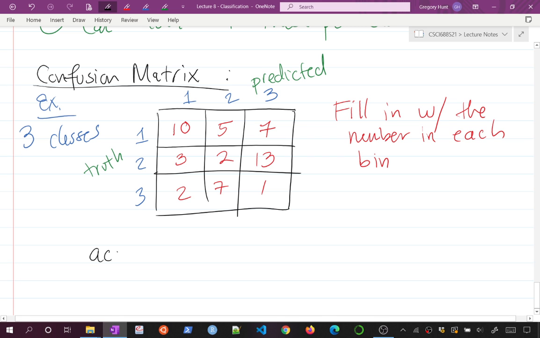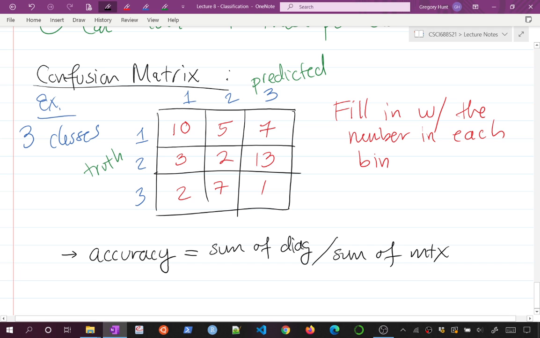So for example, the accuracy is just the sum of the diagonal, that is the trace, over the sum of the matrix. So in this case, the sum of the diagonal is 13 over the sum of the whole thing.